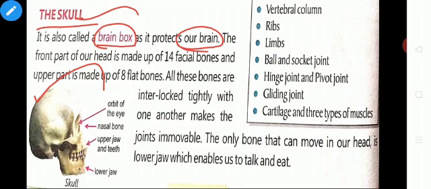As it protects our brain, we call it a brain box. The front part of our head is made up of 14 facial bones and the upper part is made up of 8 flat bones. See, here this is the front part of our head, isn't it?